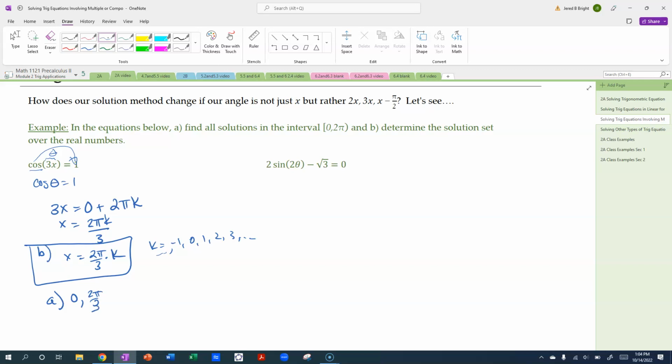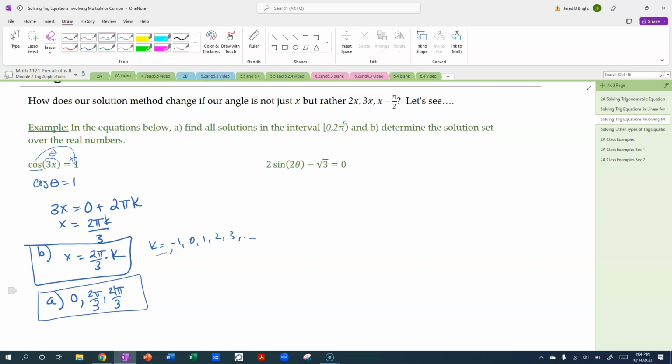If k is 2, I'd get 4 pi over 3. And if k is 3, then it would be 6 pi over 3, which is 2 pi. But that's not included in my boundary, so I'm going to get rid of that. Those are my 3 answers for part A.